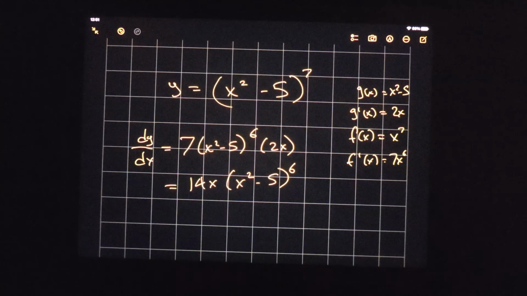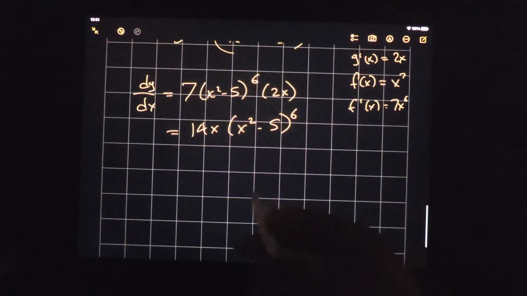So if you want to actually try this on your own, you can try this one.